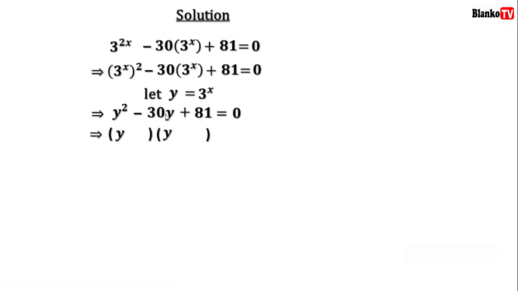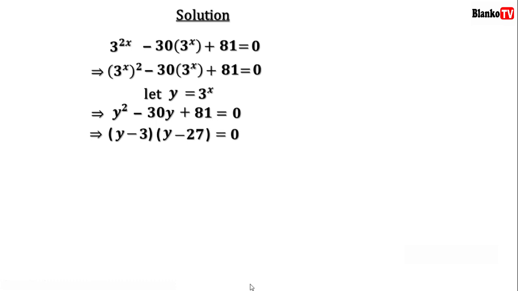The factors of 81 that we are going to choose, when we add the products, we are supposed to get negative 30y. Okay, so the factors are negative 3 and then negative 27. I hope you are following it.